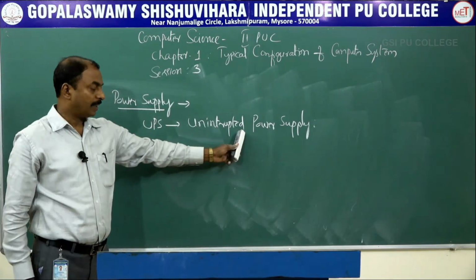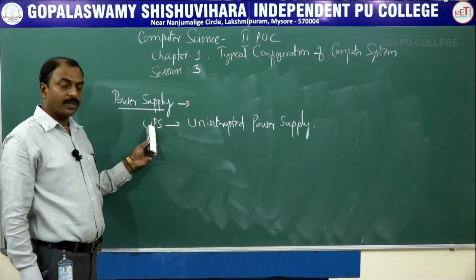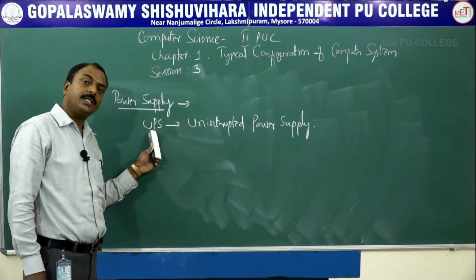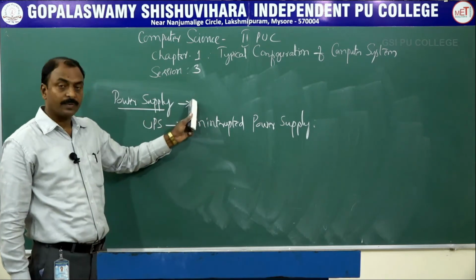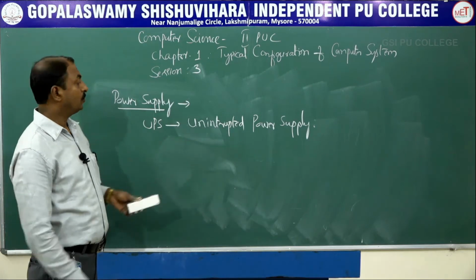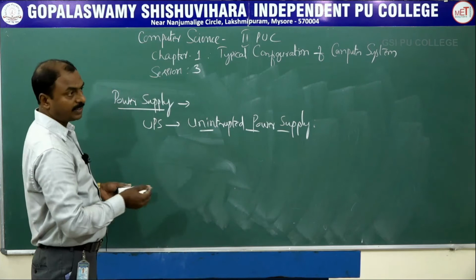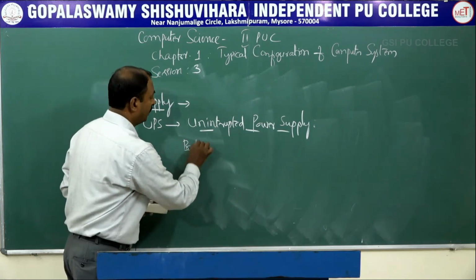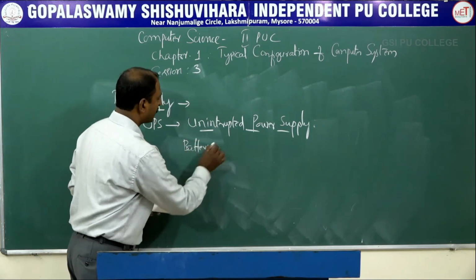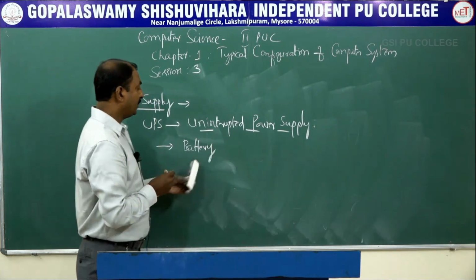As the name itself says, uninterrupted, this type of power system provides continuous power to your computer system so that any damage can be avoided. UPS is generally a device which runs on battery. The battery, you know, is to store the power.